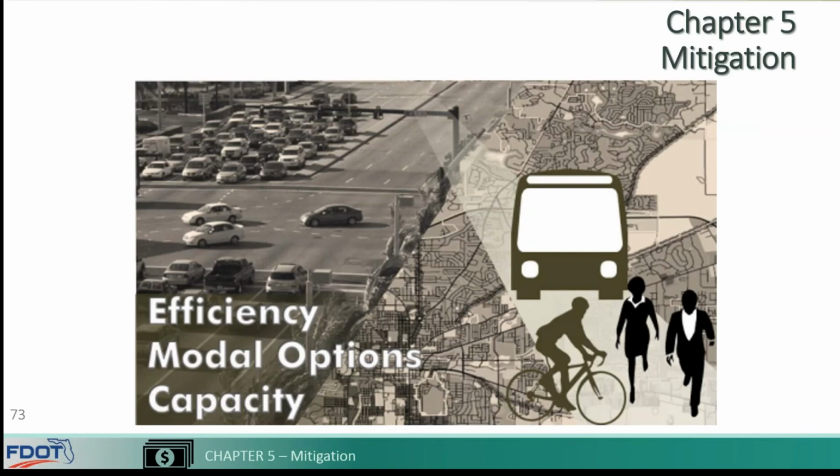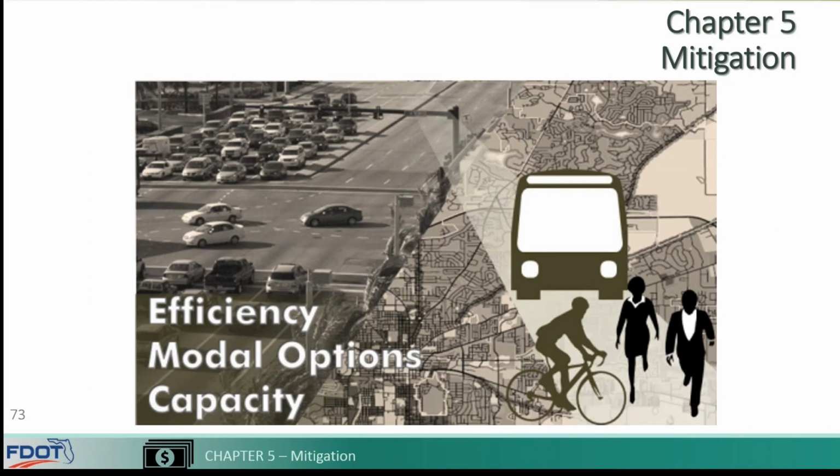Okay. Well, thank you very much. Perhaps there'll be a little time at the end to engage in a little discussion about what's going on with developments of regional impact. The last chapter of the handbook is devoted to mitigation.